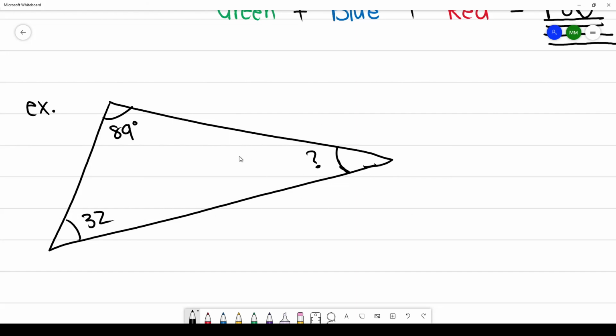So the interior angles add up to 180. 59, 59. Yeah, 59. 180 minus 32 minus 89. 59. Yeah, that's it.